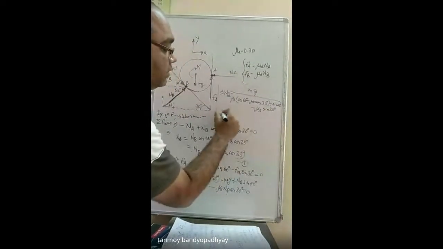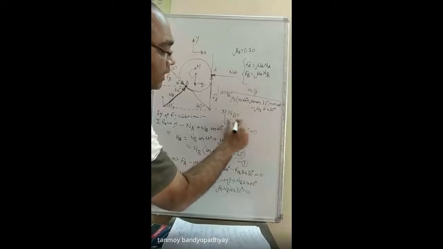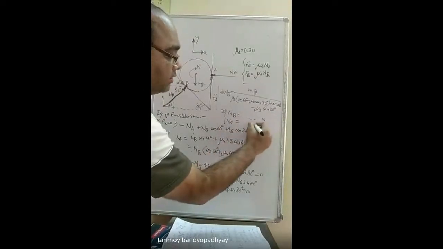So just put the values and see what are the values of nb you are getting. Once you get nb, you calculate na. So just check what are the values you are getting in newtons.